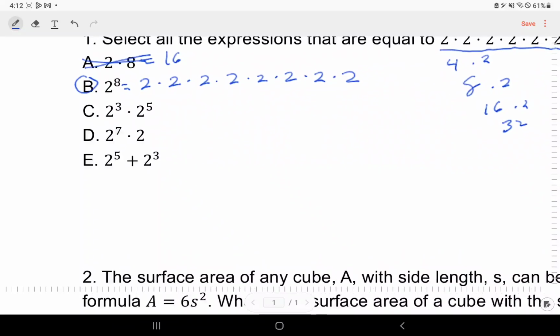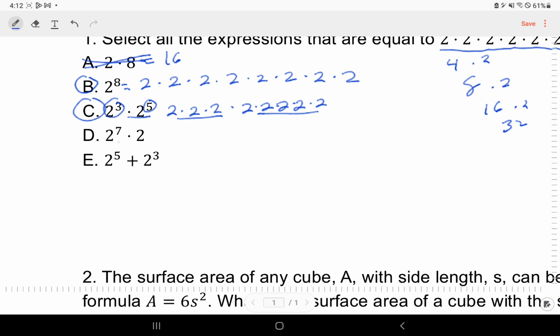Then, here this says I have 3 2's. So 1, 2, 3 times 5 2's. So 1, 2, 3, 4, 5. Well, 5 and 3 make 8, so that works.